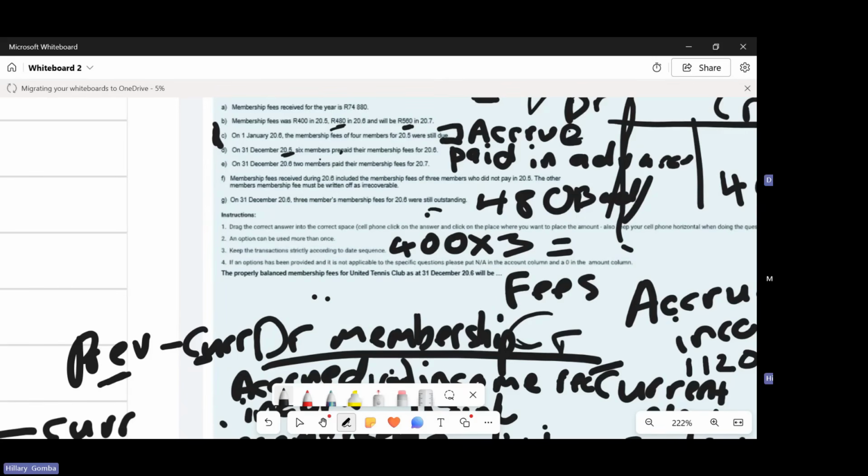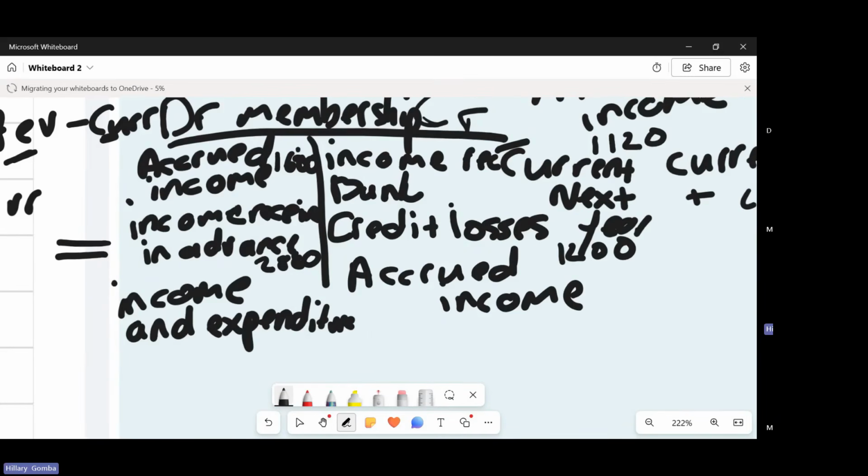Yes, but now we need to see for which year. It says for the current year, for 2026. So if it's for the current year, it will be on the credit side because it's current year going to the next year. So it will be on the credit side. Okay, we all agree.